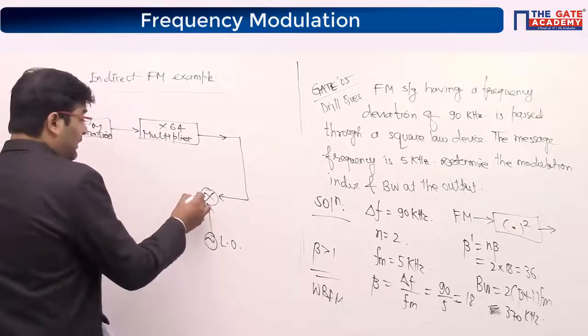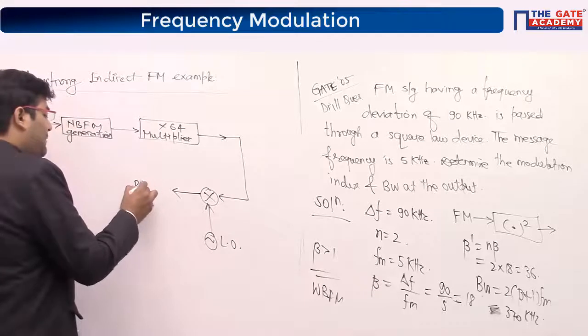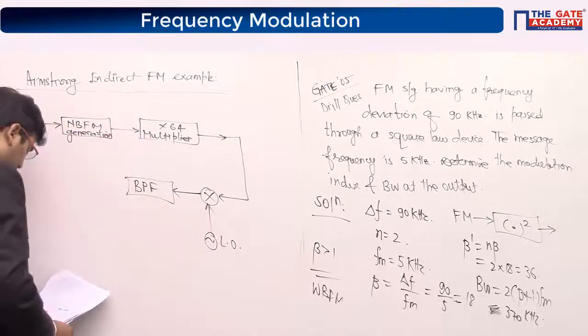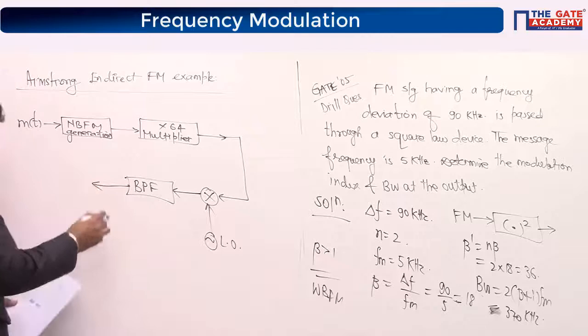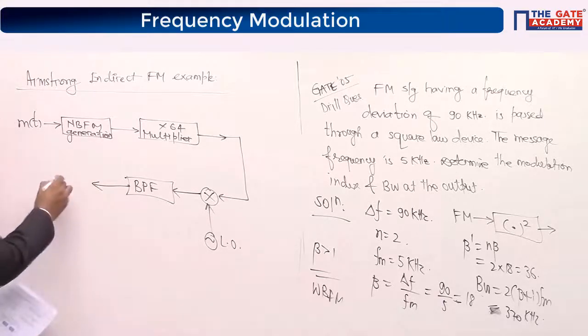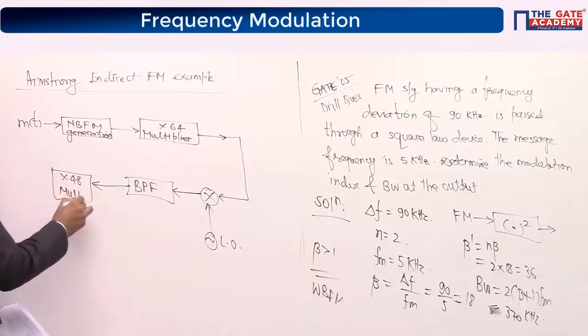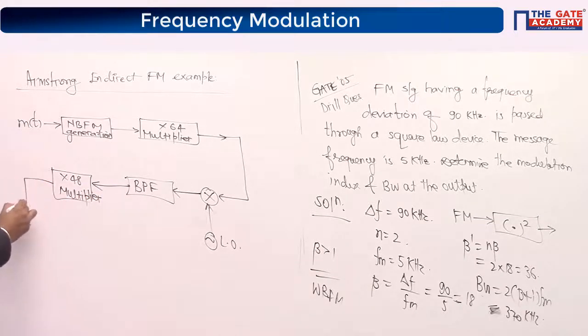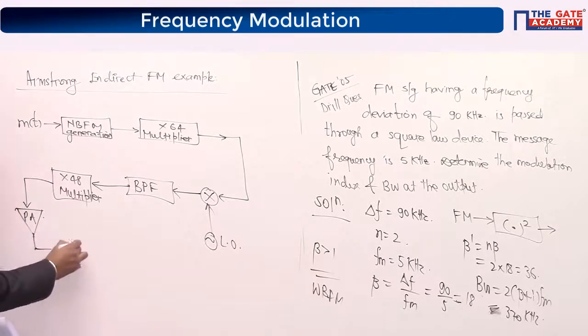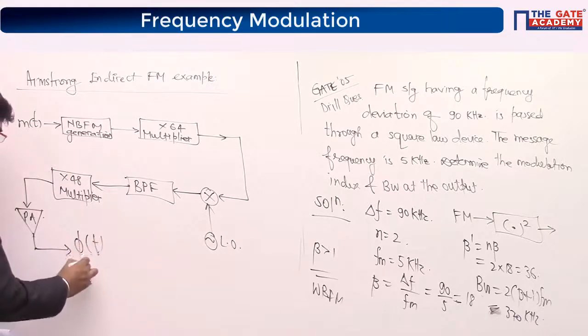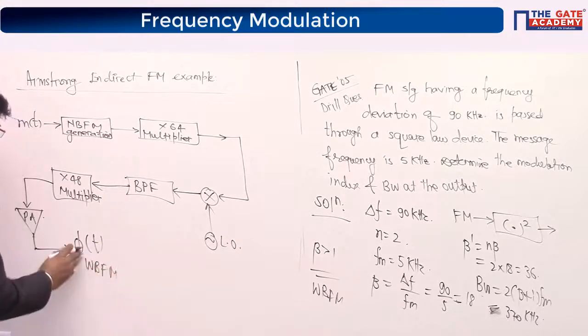Then it goes into a band pass filter, and then again into a multiplier times 48. Then it goes into a power amplifier, and then you get the output as wideband FM.